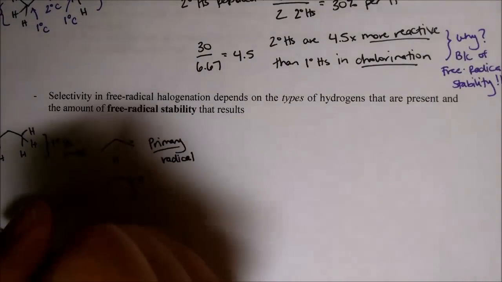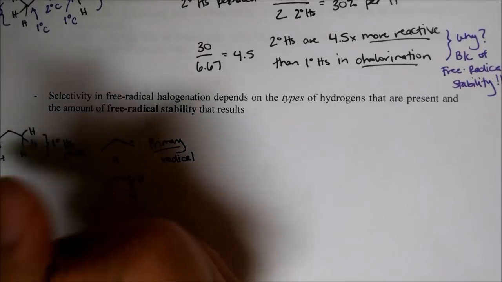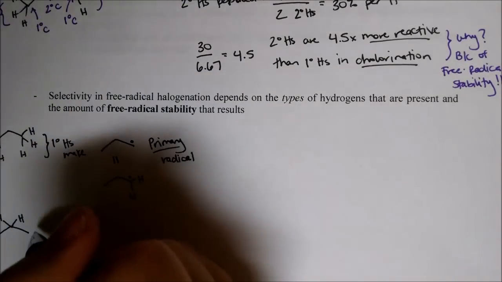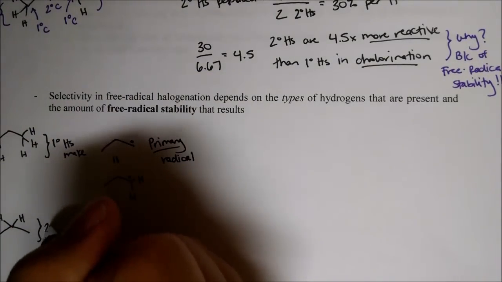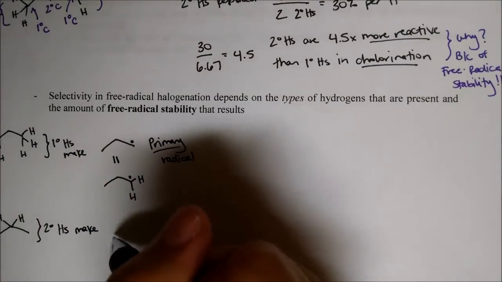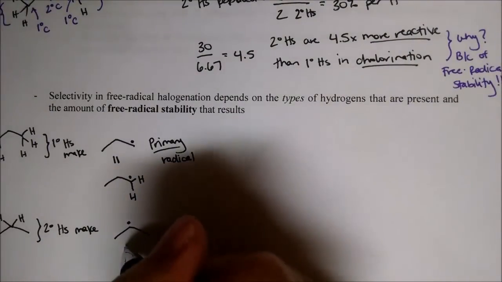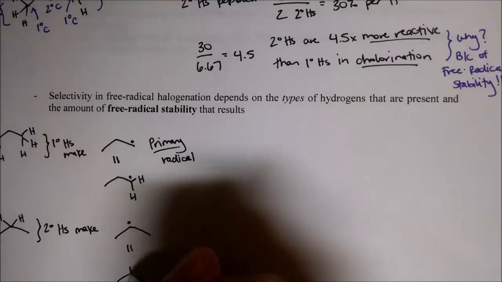Okay. What about those secondary hydrogens? Can you guess what kind of radical they make? Secondary H's make, here you go, right there. If we look at it a little bit closely, it's only got 1 hydrogen.